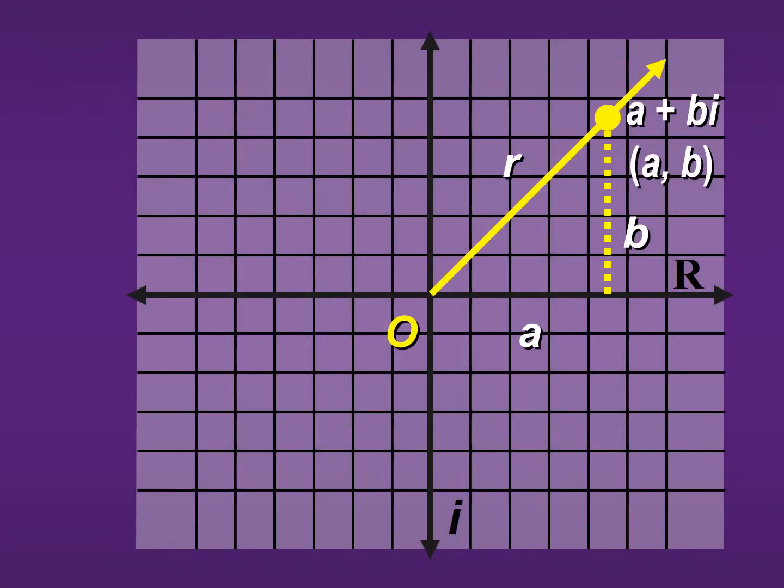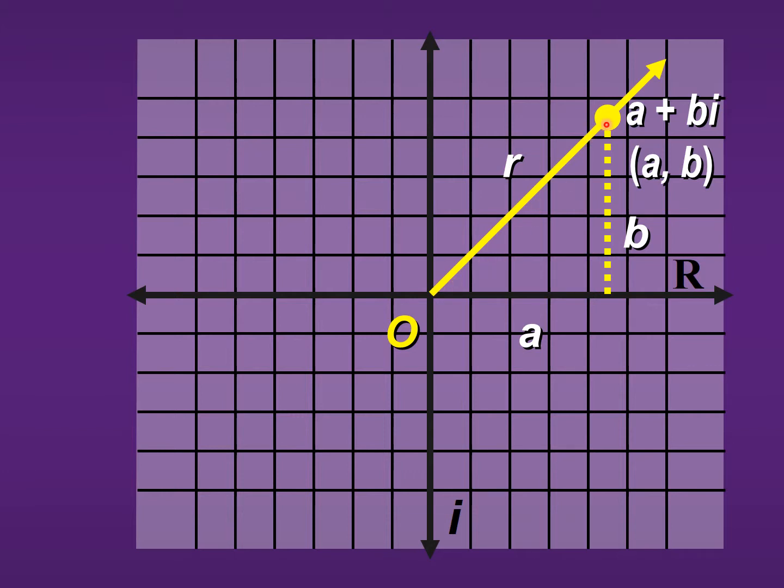If this is our complex number a plus bi, then this distance here is a, and this distance here is b. And we're trying to find this distance here, or r.